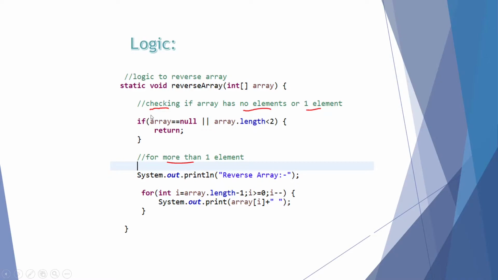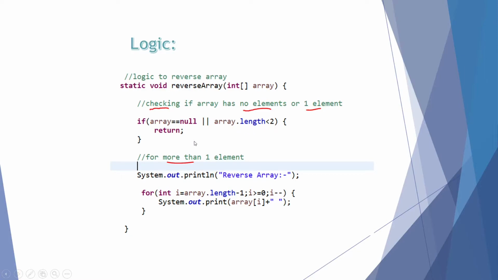What we are doing here is just checking whether the array has any element or not. If it has no element or it has a single element, just return that array. So if array is equal to null or array.length is less than 2, that means it has only a single element, so just return that.